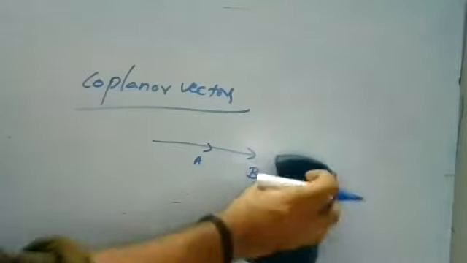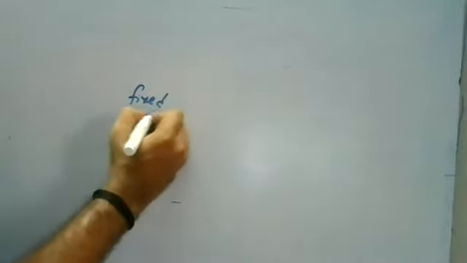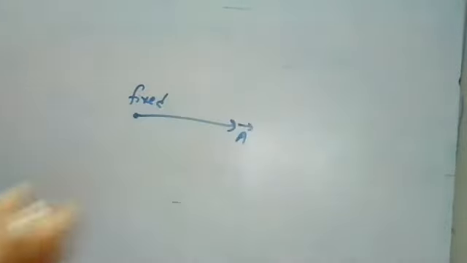Next one, localized vector, or free vector. Sorry, localized vector: one whose initial point is fixed. This is your localized vector.